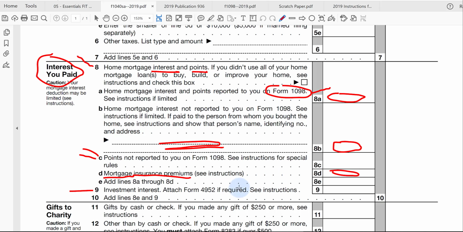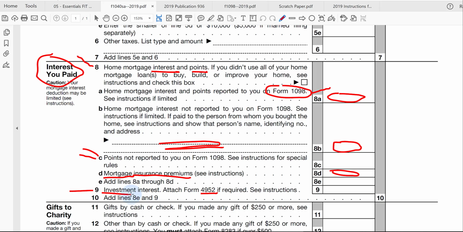The other category of interest is reported on this form 4952. That's when you borrow money and use the borrowed money or proceeds for investing. And you get to deduct the interest on this type of loan only to the extent you have made money on those investments, like interest income or dividend income, or maybe even the gain when you sell your investments.